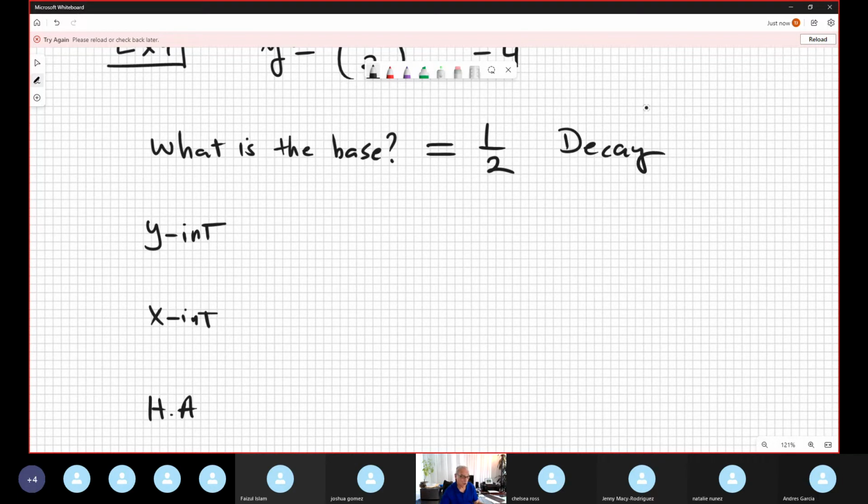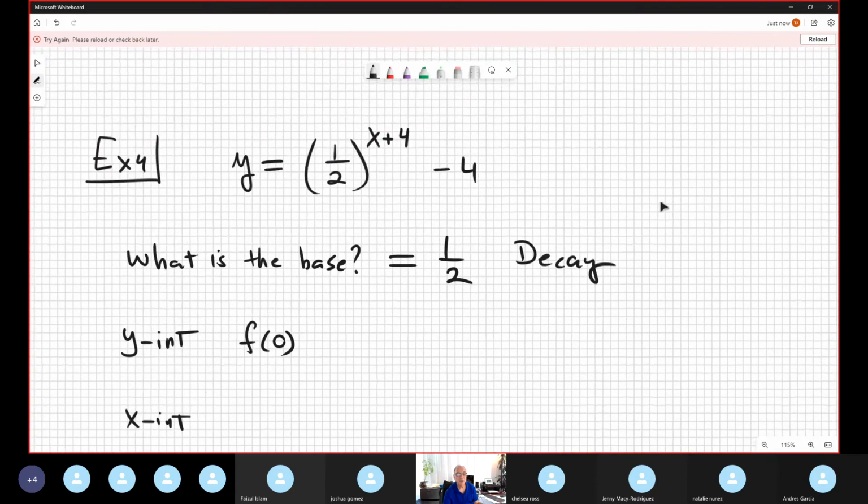The y-intercept, you know very well, is the function evaluated at 0. It's the formula you are familiar with. We have no function notation, but okay, I want to call this function f. I'm plugging in 0: 1/2 raised to the 0 plus 4, minus 4.